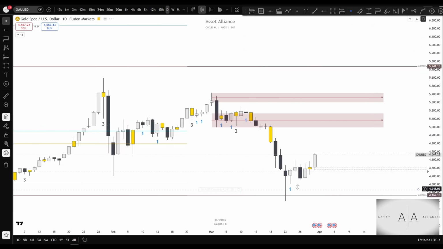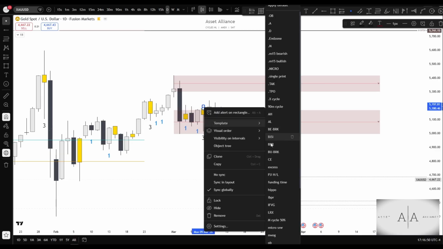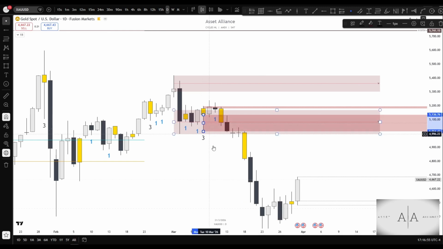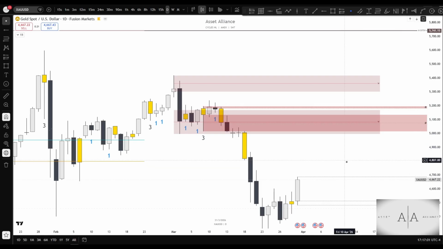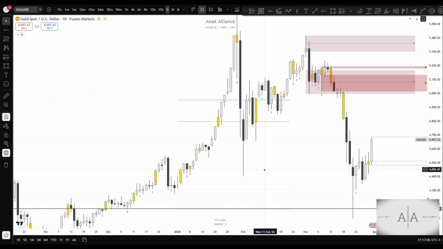Go down to the daily, find a parent candle. Now this is how you can get some nice swings going. Daily, then you want to mark out your parent candle.